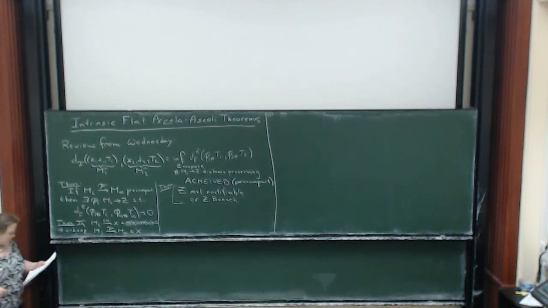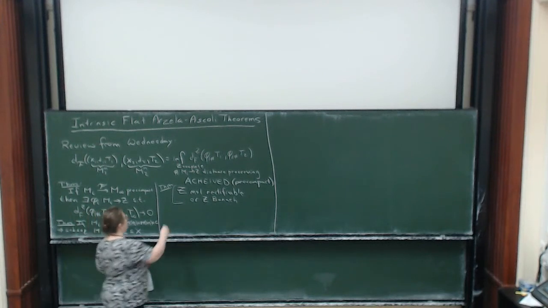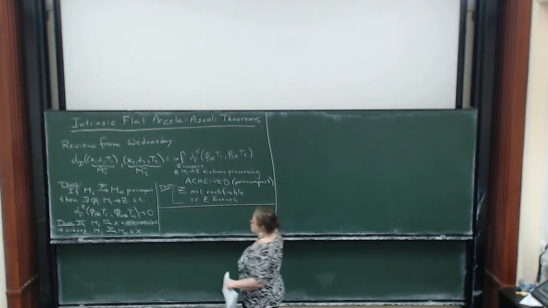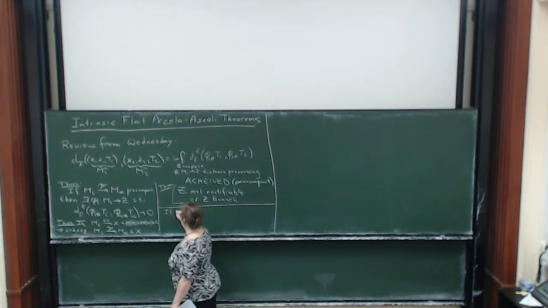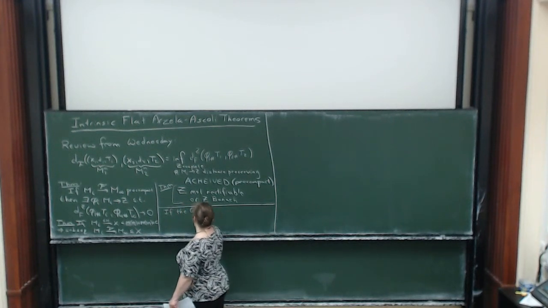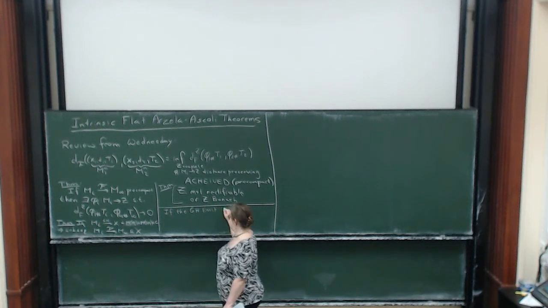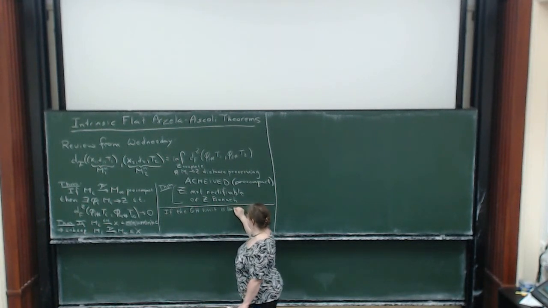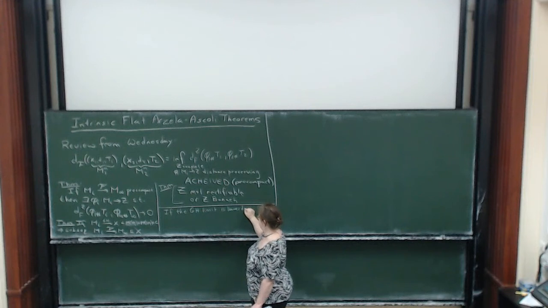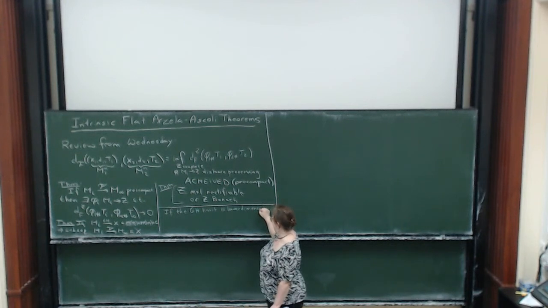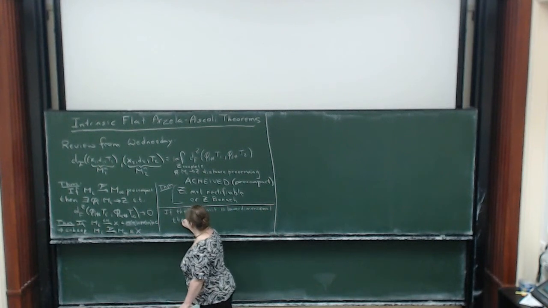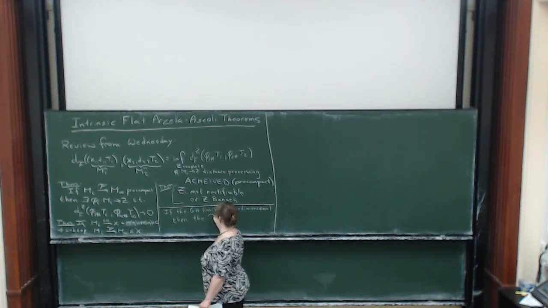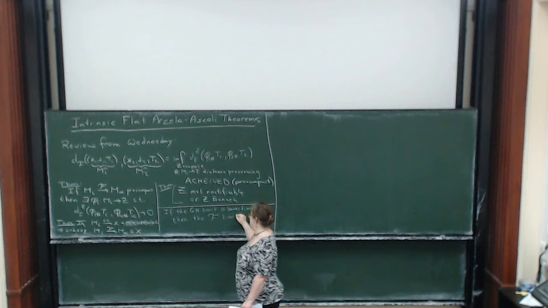All right, and then the last thing I want to review is that notice from this theorem that if the GH limit is lower dimensional, then the flat limit is the zero space.